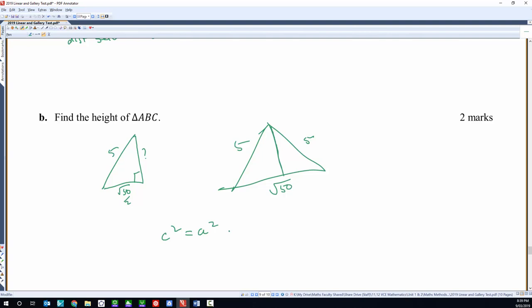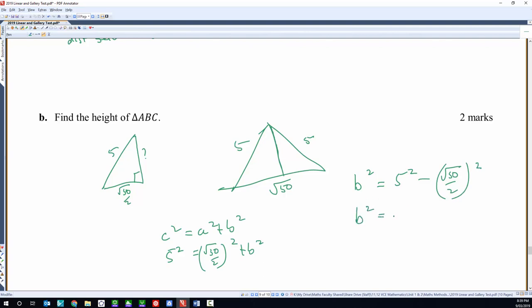C squared equals A squared plus B squared. 5 squared equals root 50 on 2 all squared plus B squared. So B squared equals 5 squared take away root 50 on 2 all squared.